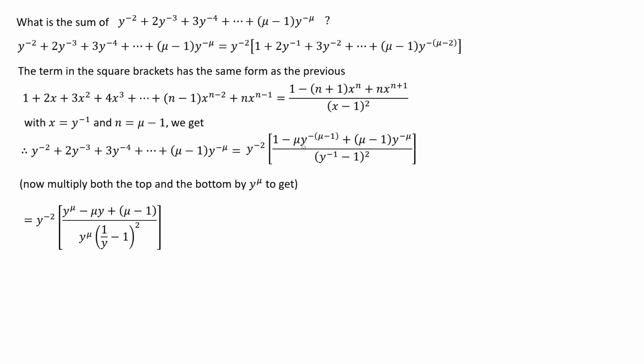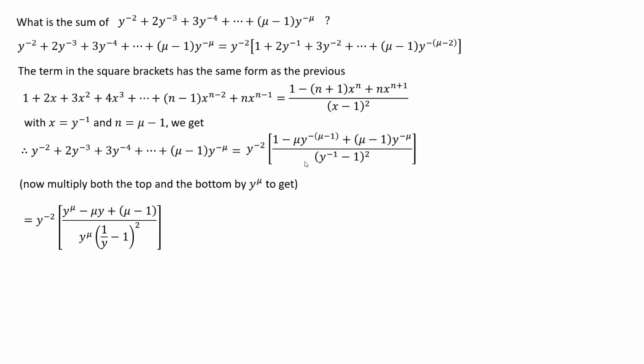If you do a to the m times a to the n is a to the m plus n, that reduces to a simple y. Plus this becomes a mu minus 1 because we are multiplying by y to the mu. Y to the mu times y to the negative mu is just 1, because y to the mu over y to the mu is 1.